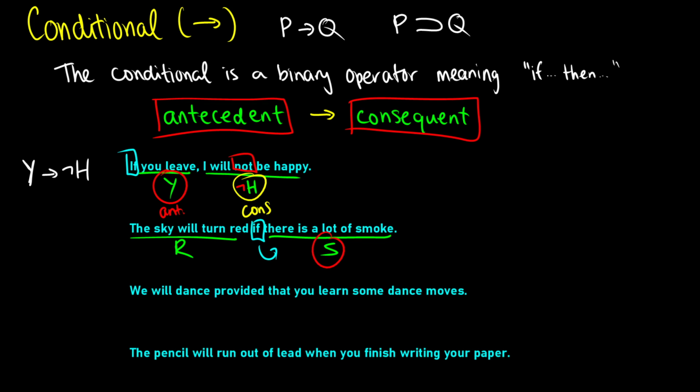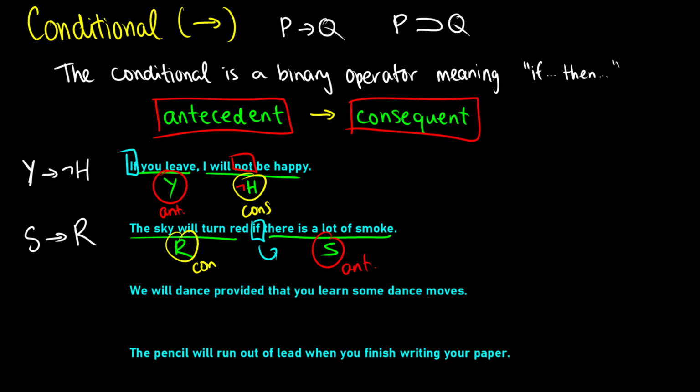So here, S is the antecedent, and the consequent, what happens if the antecedent is true, would be R. So if there is a lot of smoke, then the sky will turn red. So we can translate this one as S arrow R. You could just paraphrase this too and put the if out front.